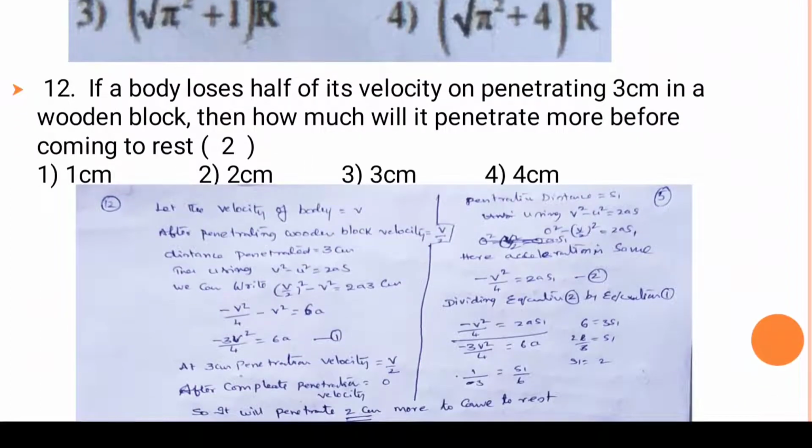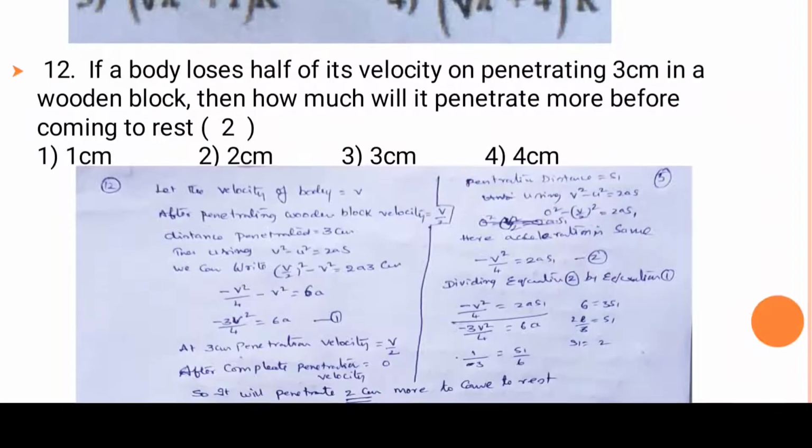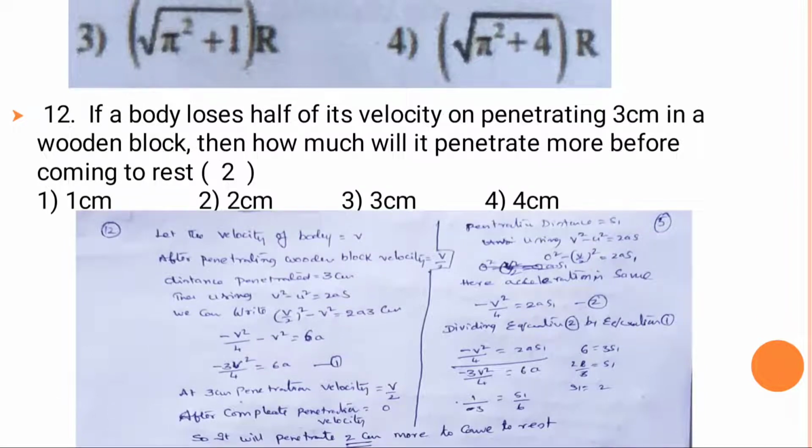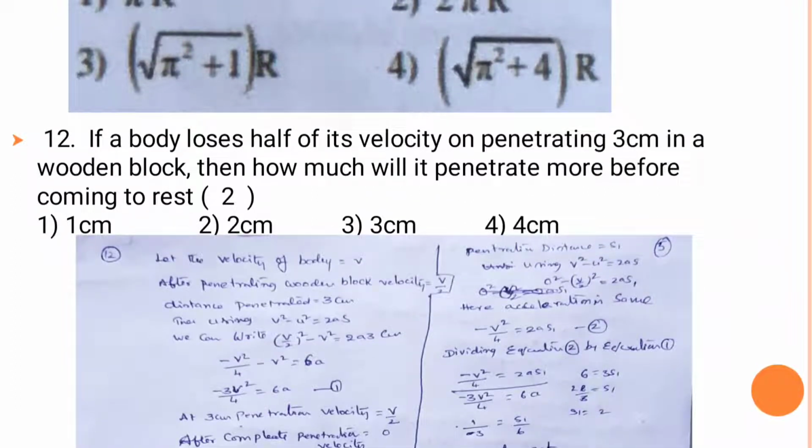That means at 3 centimeters the velocity is v by 2, which has been given because it has lost half of the velocity. So at 3 centimeters its velocity is v by 2, treating that as the initial velocity. When it completely penetrates, in the sense it comes to rest, its velocity is 0.